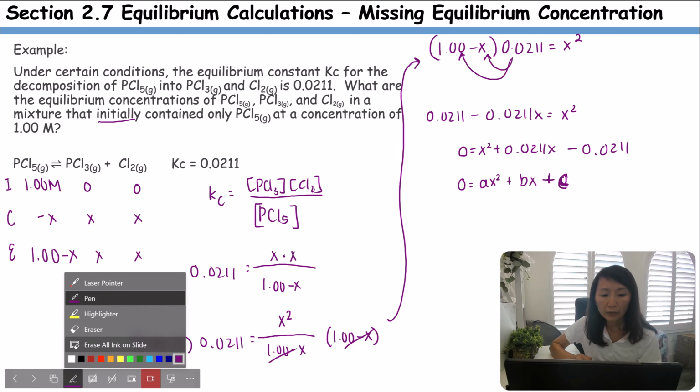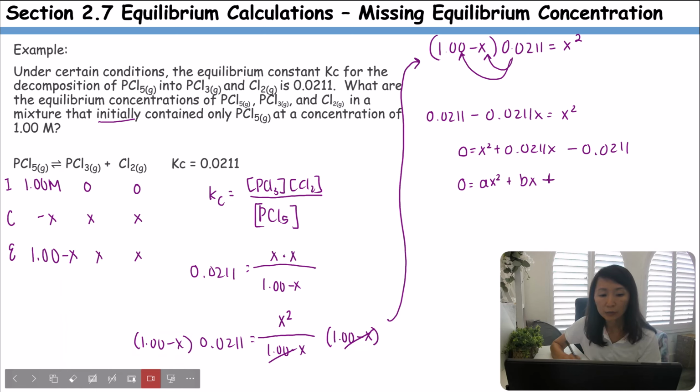The reason I put it this way is because we're going to put this in the quadratic formula. The quadratic formula is as follows. I'm going to sing as I write this equation. It's kind of hard to memorize the quadratic formula, but if you have this song in your head, then it'll be fine. This is something I've used since high school, and I hope it helps you as well.